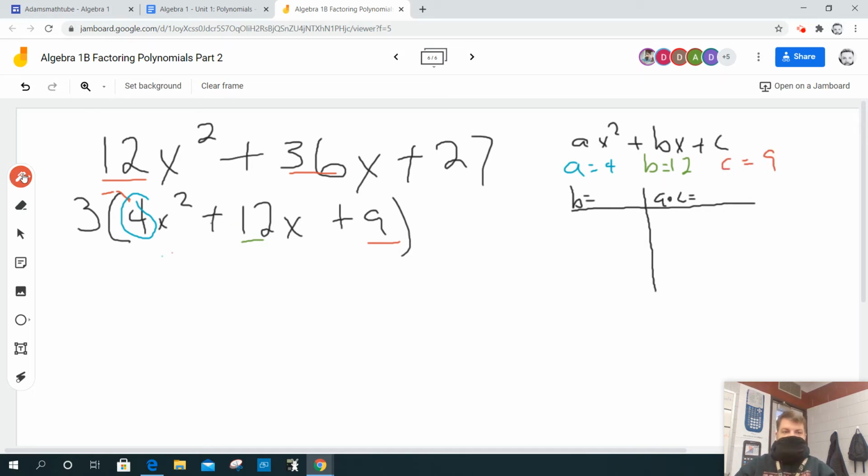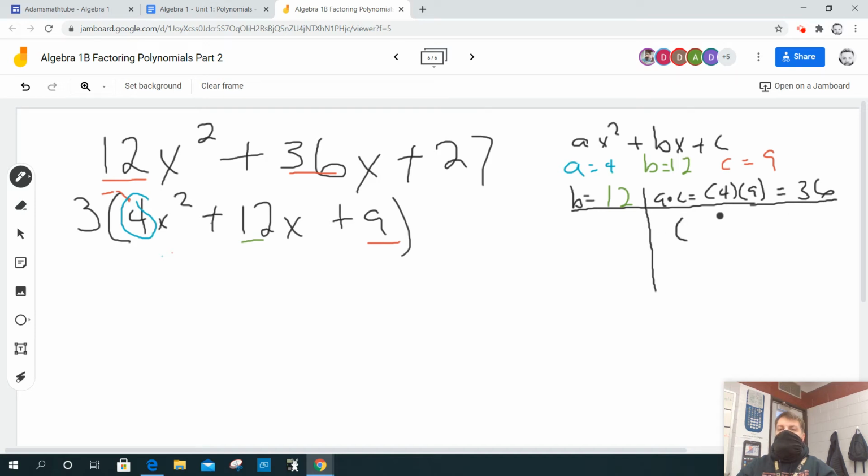So what I need is two numbers that when I add them up, they equal 12. But when I multiply them, they multiply to A, which is 4, times C, which is 9, which is 36. So what two numbers can I multiply to get 36, but when I add them up, they equal 12?